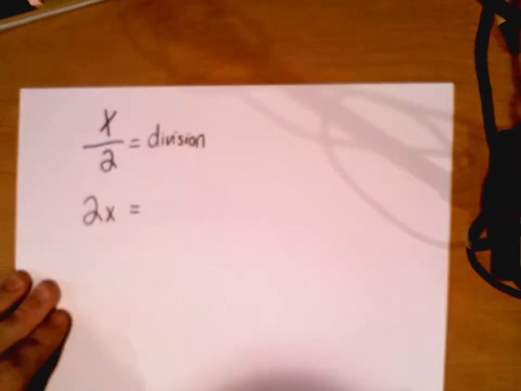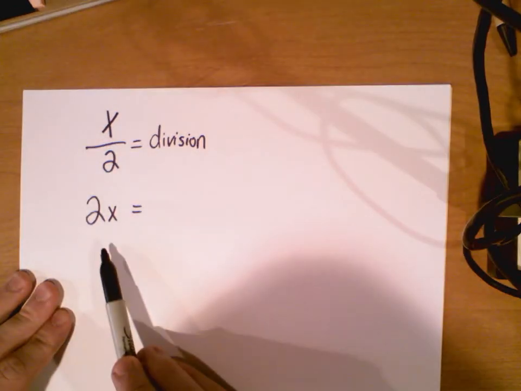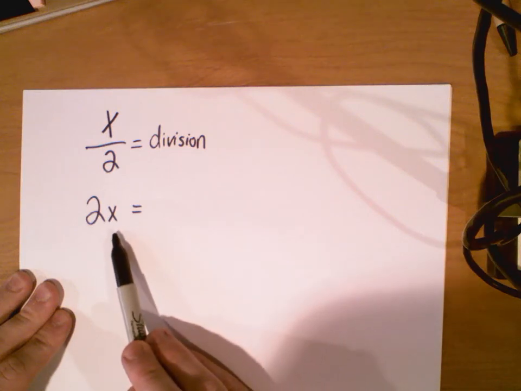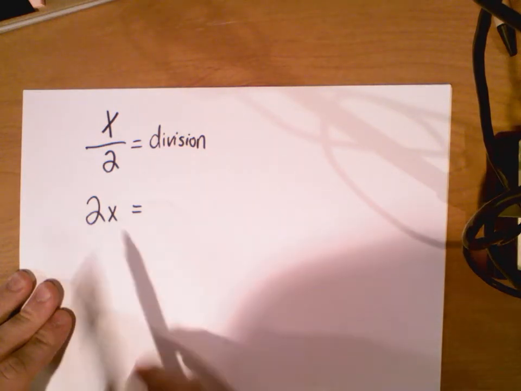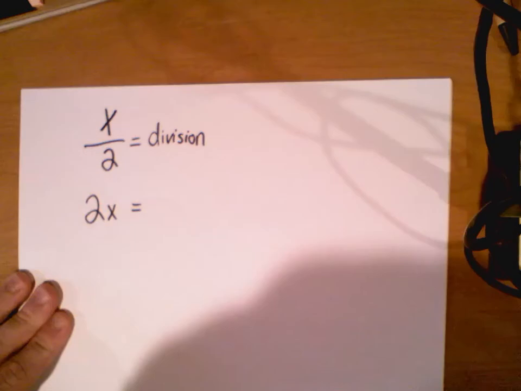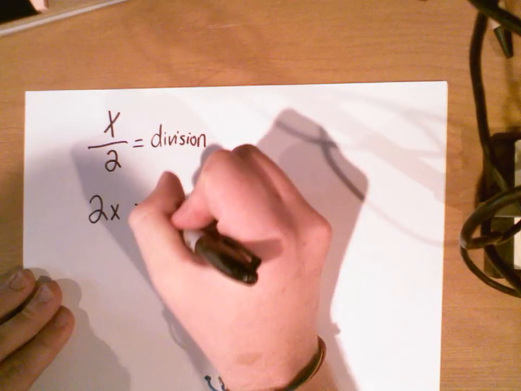Also, you're going to see problems like these: 2x. If you ever see a number next to a letter without a space, it's going to be multiplication. So for this, we are going to multiply.